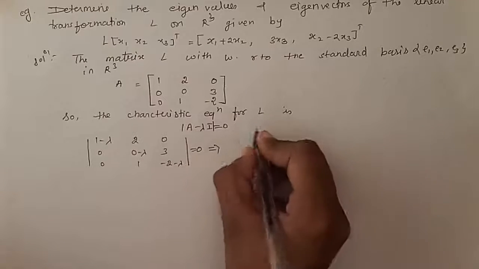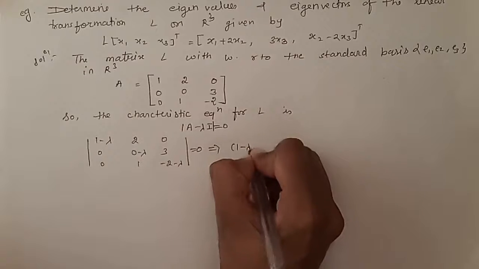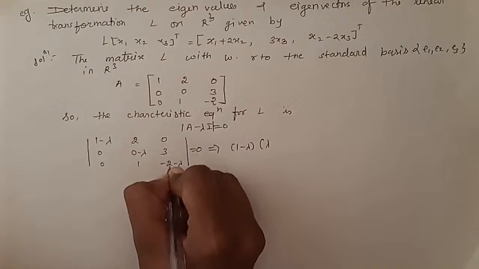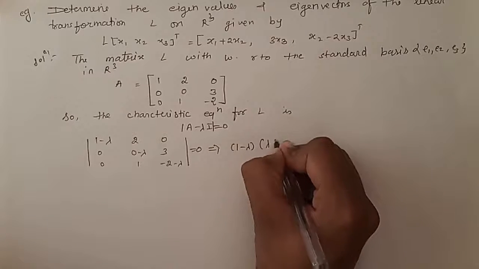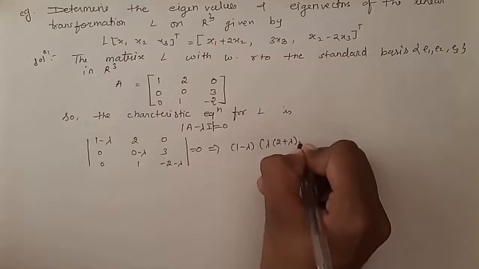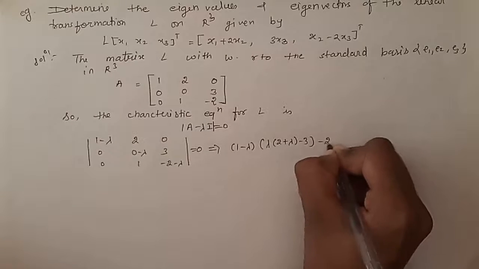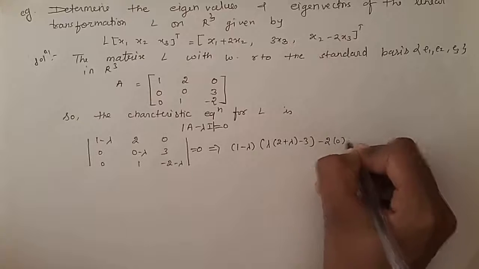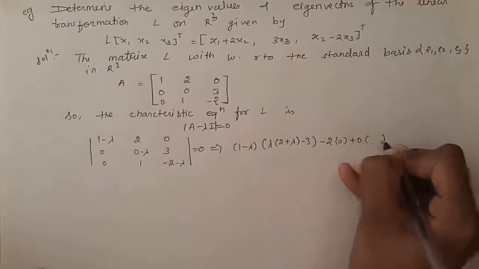On solving this, we get 1 minus lambda times, actually this is minus lambda, and if we take minus outside, then this becomes plus lambda, 2 plus lambda minus 3. Minus 2 times 0 is 0, and plus 0 into something is again 0.